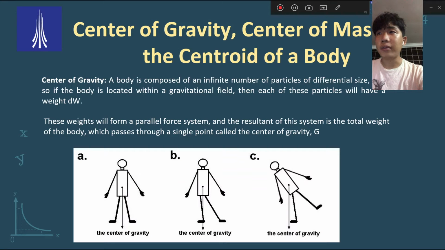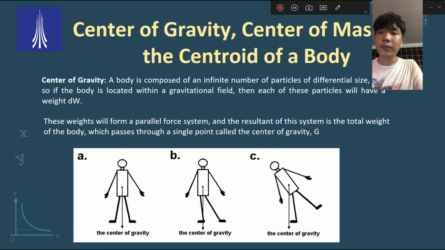First of all, the center of gravity, the center of mass, and the centroid of a body. Center of gravity is for a body that is composed of an infinite number of particles of differential size. If the body is located within a gravitational field, then each of these particles will have a weight, dW.